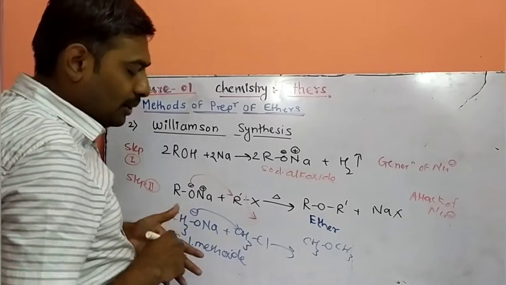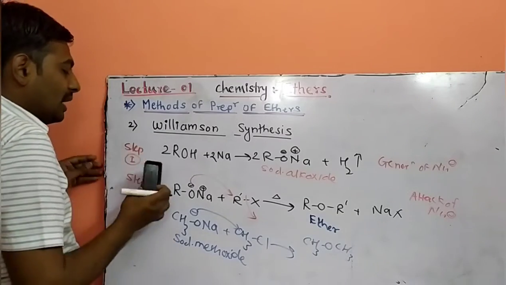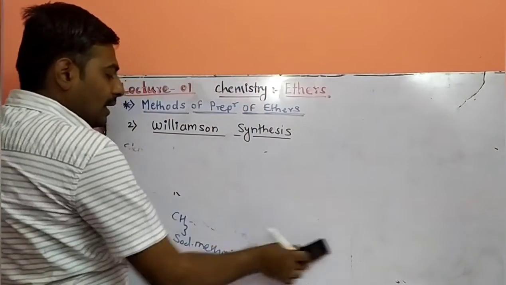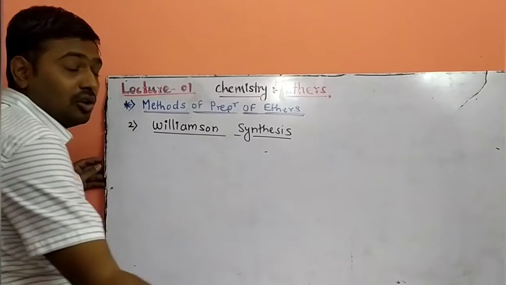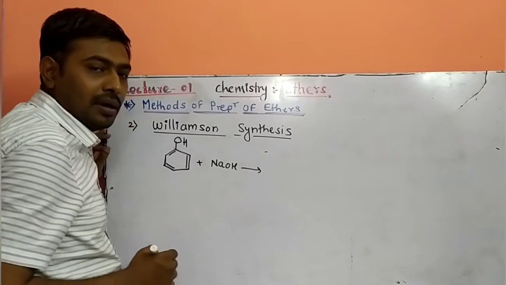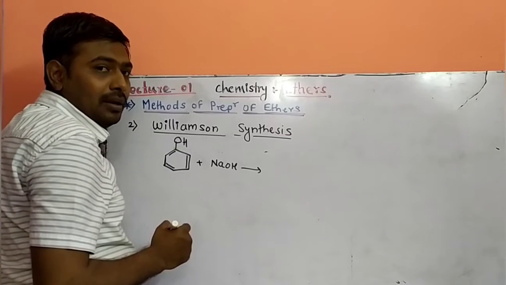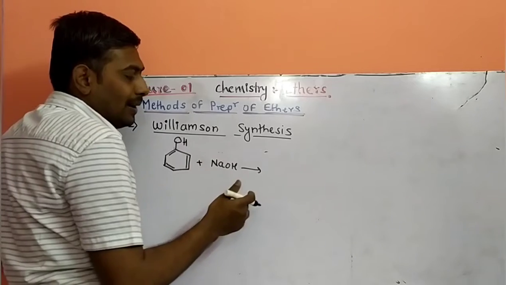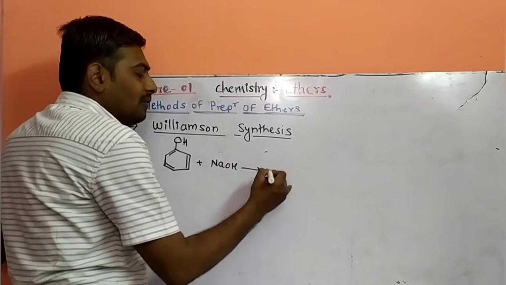The example of anisole can be asked in the examination. So how will you prepare anisole from phenol? When phenol reacts with sodium hydroxide or sodium metal, you can use either one, what will we get?